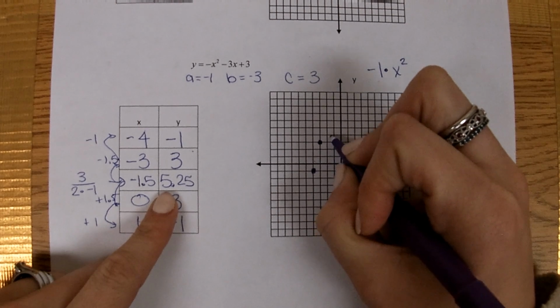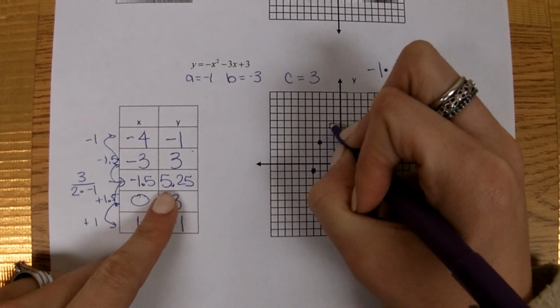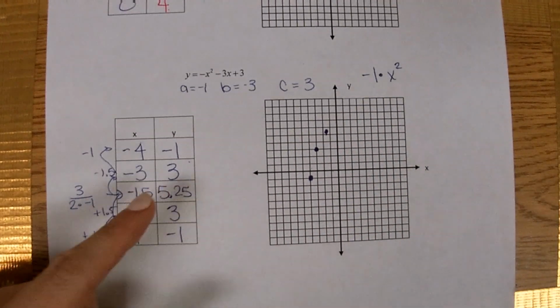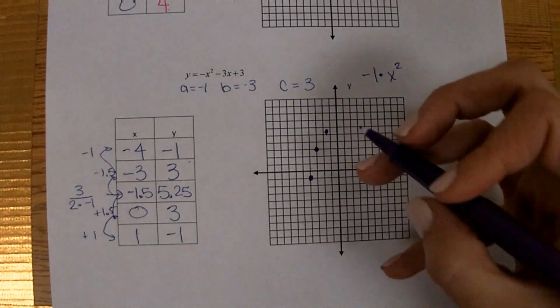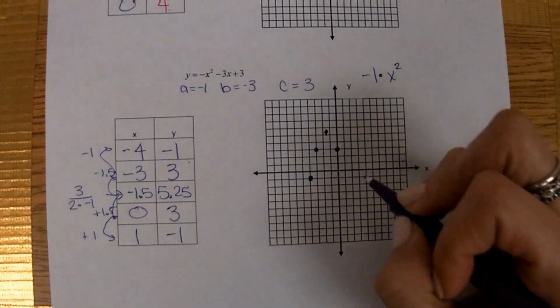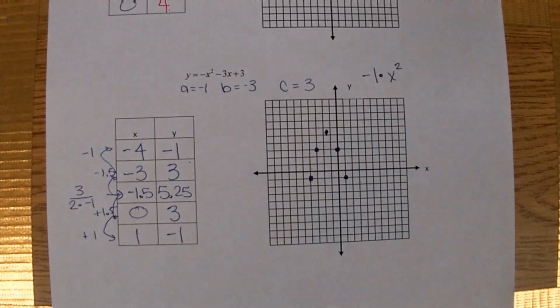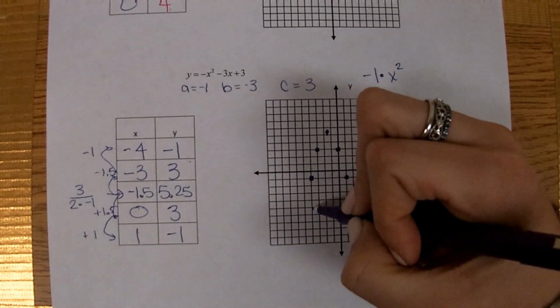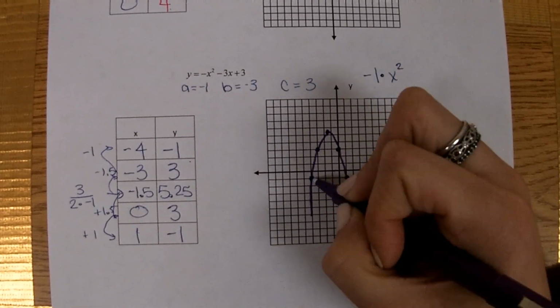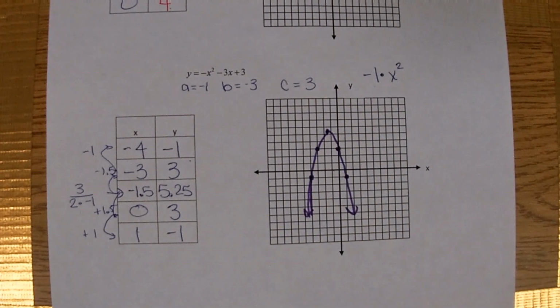So 1, 2, 3, 4, 5. So I need to go a little bit up above 5. My marker's kind of thick, so I can't do it perfectly. It's fine. 0, 3. And 1, -1. Here's my parabola, which I made kind of wonky, but.